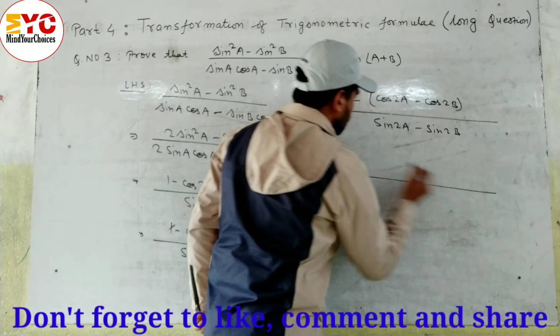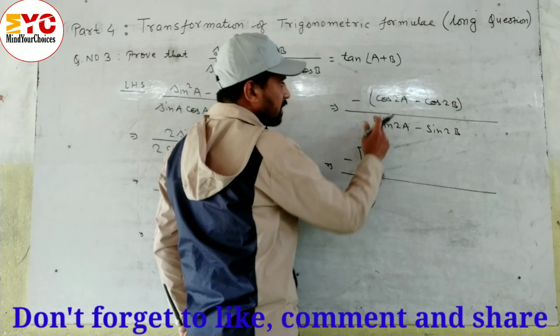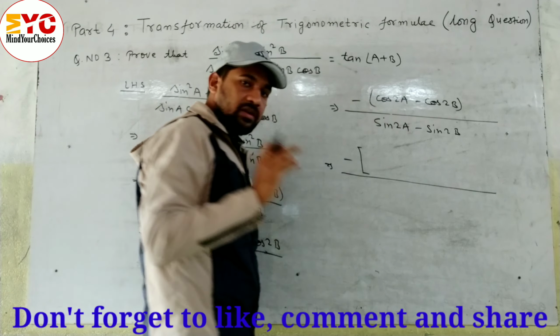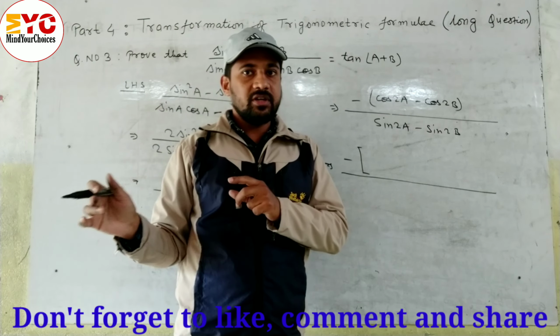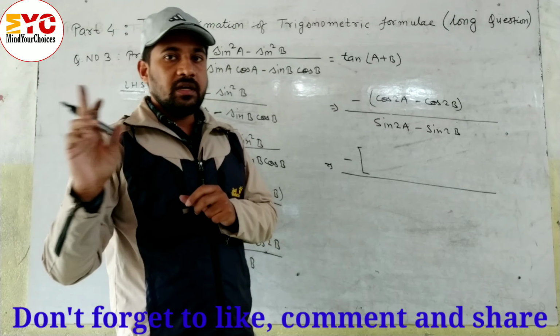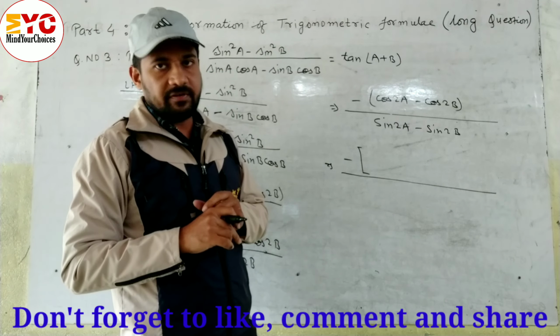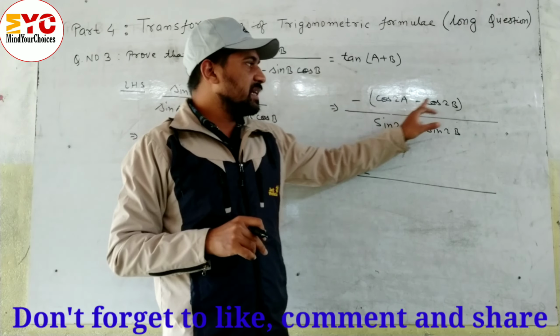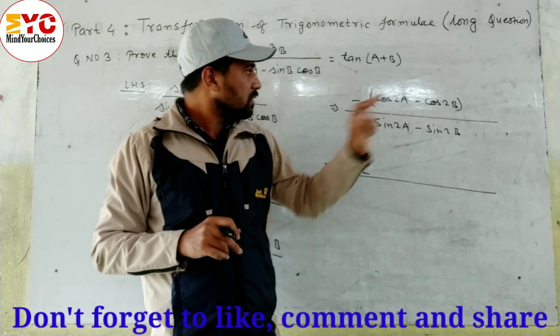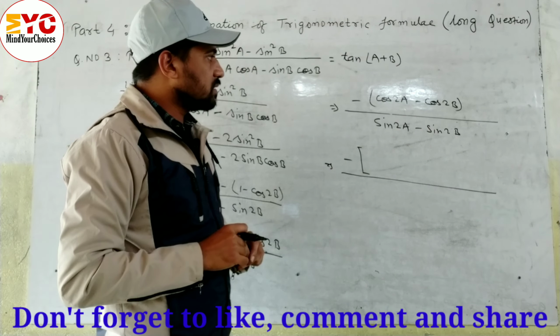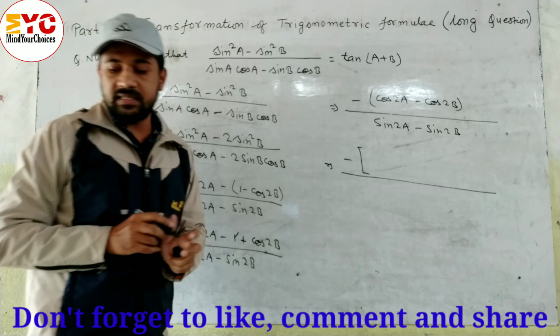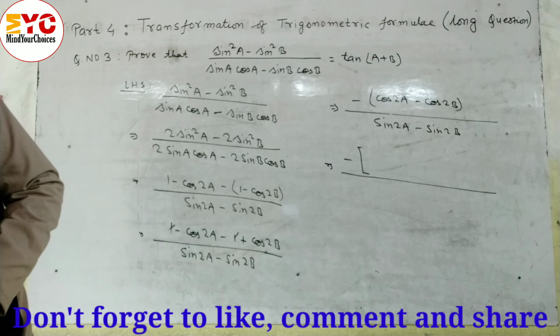Now minus, what is the formula of cos C − cos D? I already provided you the formula. If you still haven't watched that formula video, please visit my formula playlist, and you can get all formulas of trigonometry there. Cos C − cos D is −2 sin((C + D)/2) sin((C − D)/2).